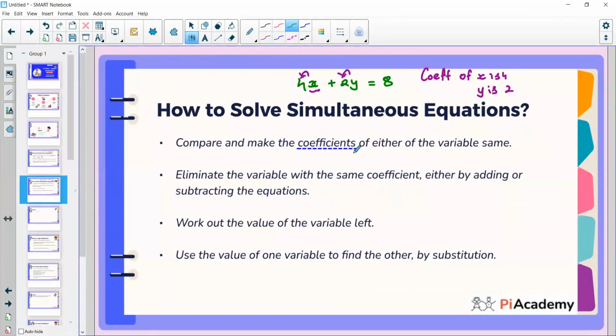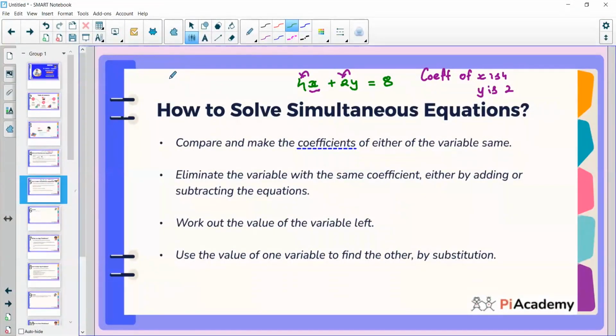Compare and try to make the coefficients of either of the variables the same. Just within a minute, I'm going to explain this with an example of how to solve stepwise. Okay, so let's just go through the steps all at once. Then, once you make the coefficient the same, what you can do is eliminate that variable either by adding or subtracting the equations.